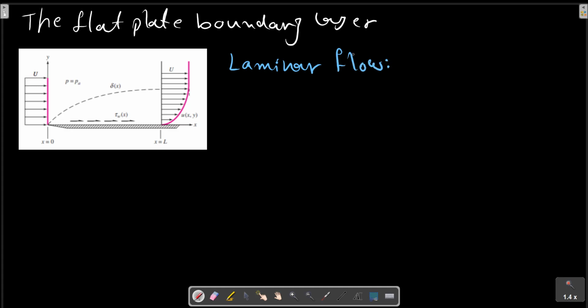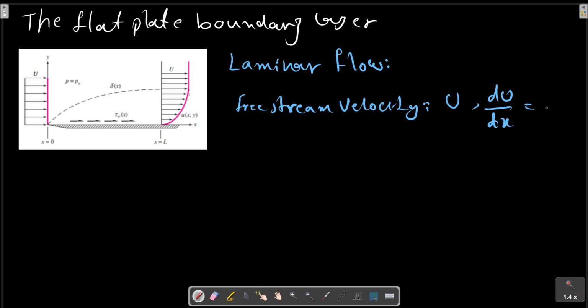for laminar flow past the plate, the boundary layer equation can be solved exactly for u and v, assuming that the free stream velocity U is constant, and we have this relation dU/dx equals 0.